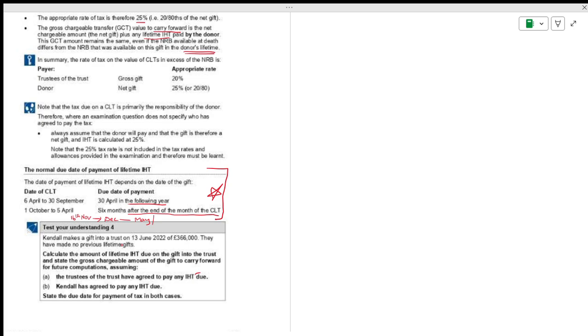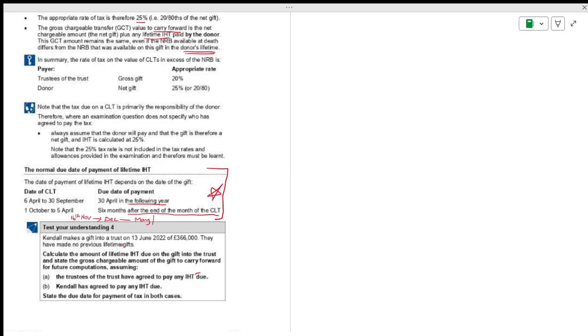What are they saying? Kendall makes a gift into a trust of 365. They have no previous lifetime gifts. Calculate the IHT due on the gift into the trust and state the gross chargeable amount of the gift to carry forward for future computation, assuming the trustees of the trust have agreed to pay and, alternatively, that the donor has agreed to pay.